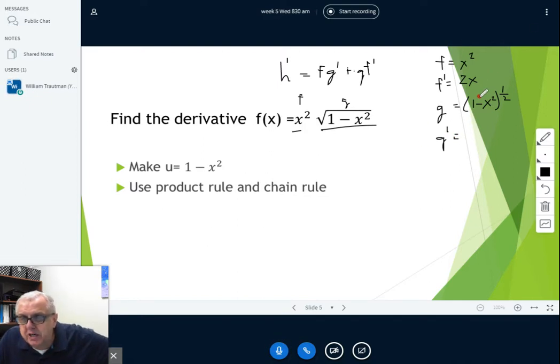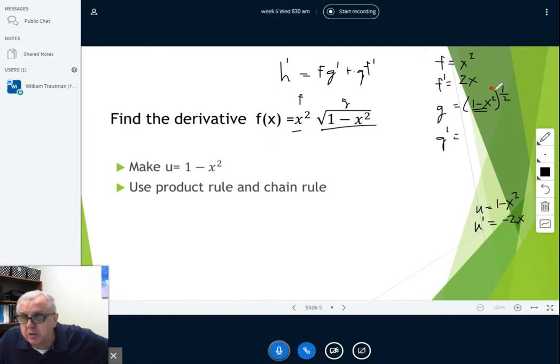Well, you got to be careful. You have to use the chain rule for the derivative of this. So down here, I'm going to use the chain rule. I'm going to say this part equals u. u equals 1 minus x squared. So the derivative of u equals a negative 2x.